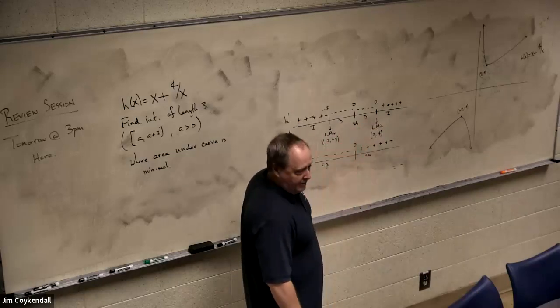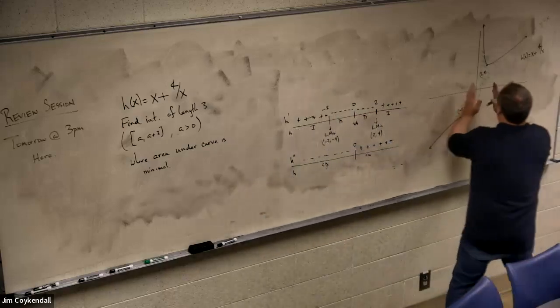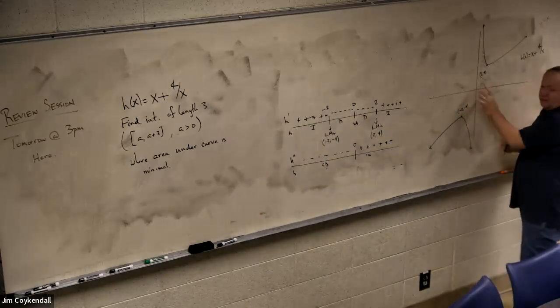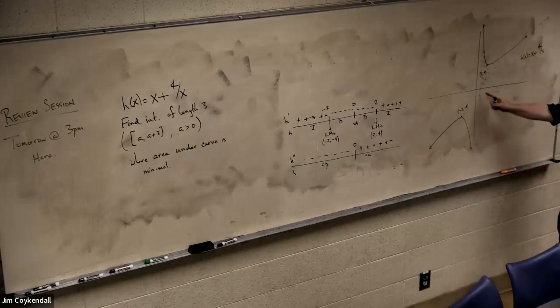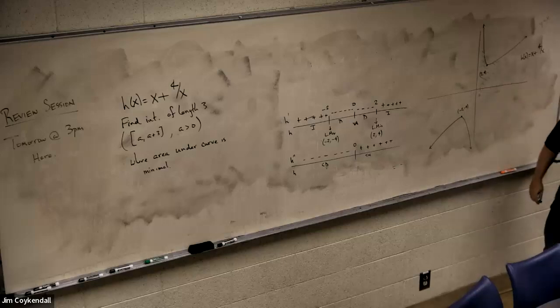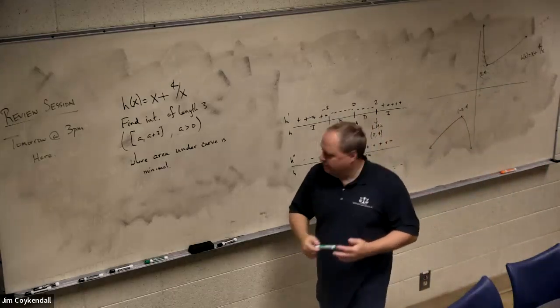Second problem, if the interval hits this vertical asymptote, I don't know what to do. So I wanted to start to the right of 0. Everybody understands the problem we're trying to solve.